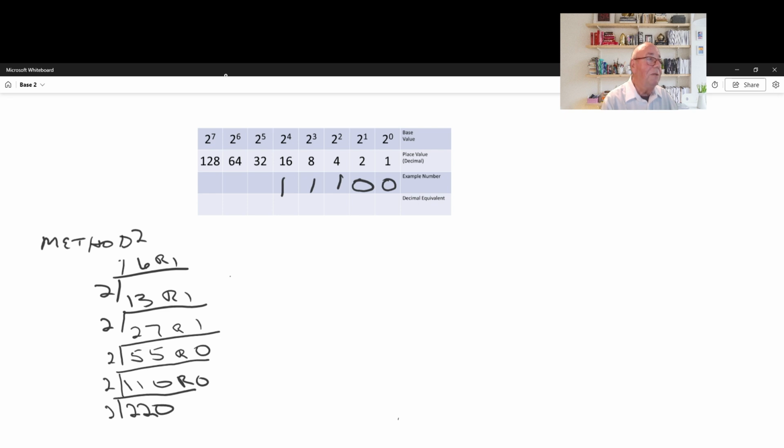2 goes into, let's move over here because I'm running out of room, 6 for remainder 1. 6 divided by 2 is 3 with a remainder of 0. So we put a 0 there. And 3 divided by 2 is 1 with a remainder of 1.